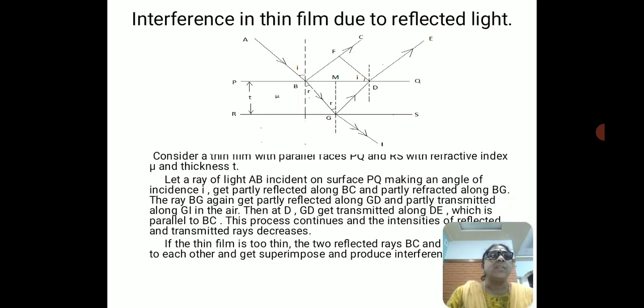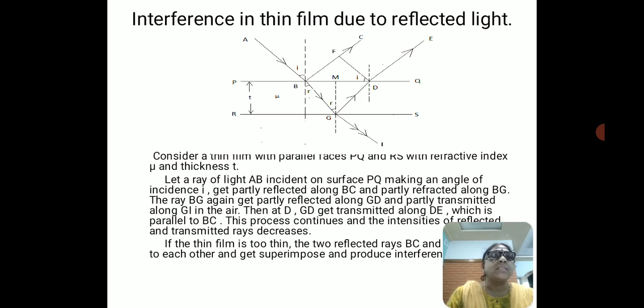Interference in thin films due to reflected light. Consider the film PQ and RS. The thickness of the film is t and the refractive index of the film is mu. Let an incident ray AB make an angle i with the normal drawn at the surface of separation of two media, PQ. It partly reflects along BC and partly refracts inside the film along BG.